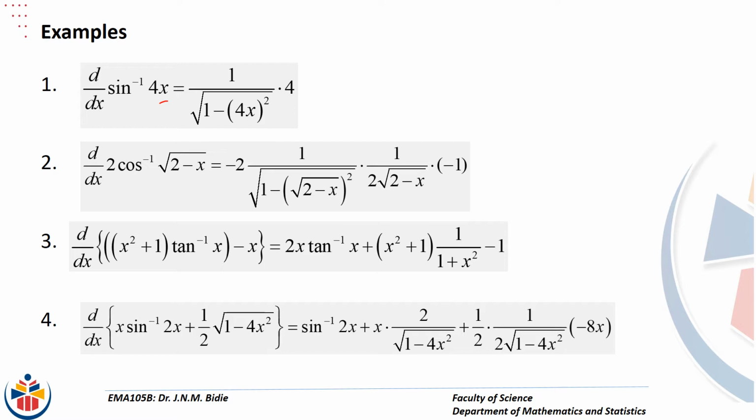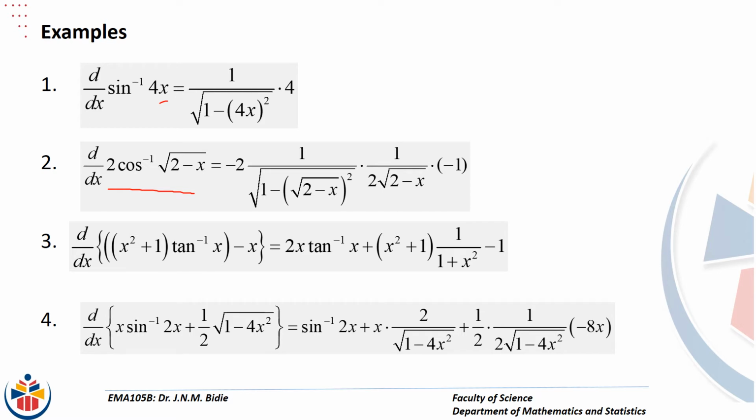That is why we have example 2. We're asked to find the derivative of 2 arc cos of the square root of 2 minus x. The derivative of arc cos is the negative of the derivative of arcsine.